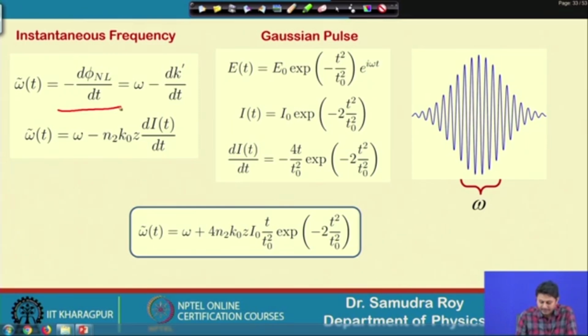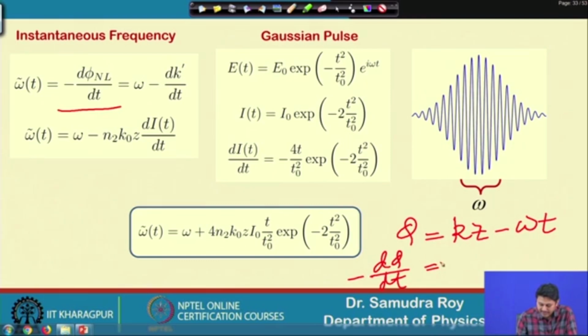So, normally what happens, let me write here. Normally the phase phi is given as k z minus omega t. So, if I write d phi by dt with a negative sign, on the right hand side we simply have omega.